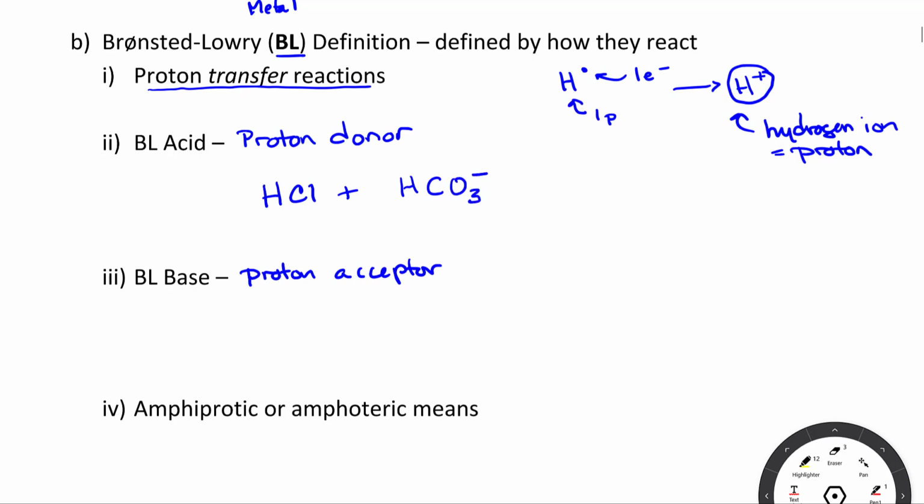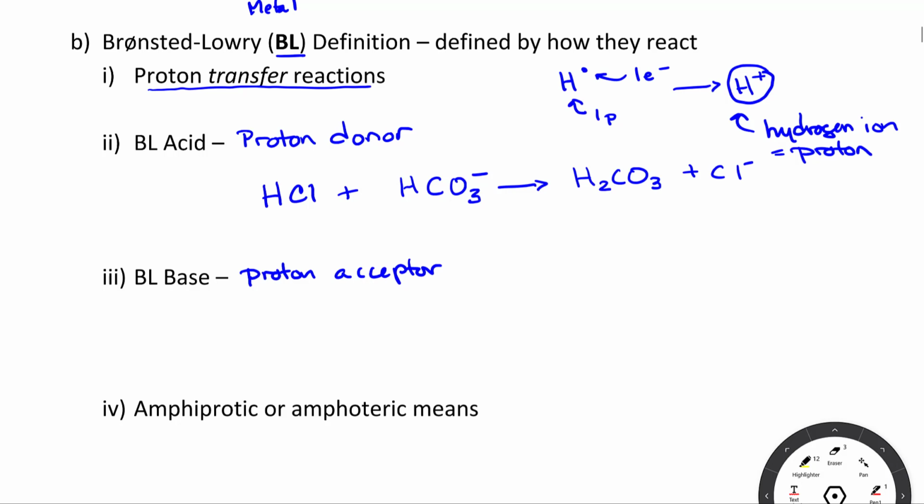And then after this reaction takes place, I have H2CO3 plus Cl minus, like that. Now, what's the proton donor and what's the proton acceptor?